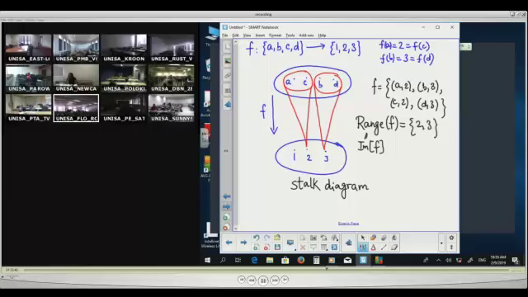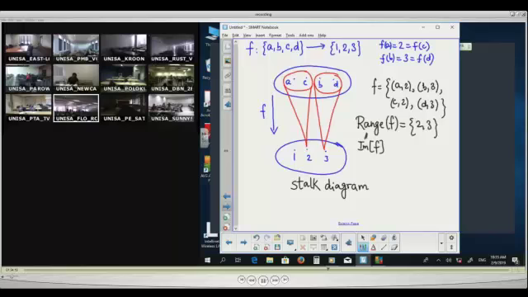Okay. Now let's see. The function f, so if you have a stalk diagram in which everything has a non-empty stalk, here I didn't draw the stalk of 1 because it's empty.